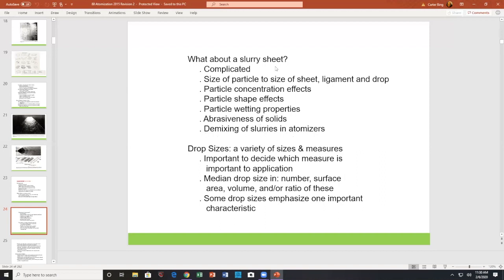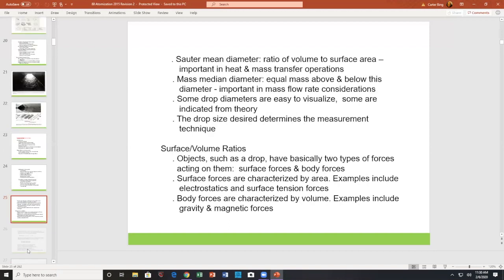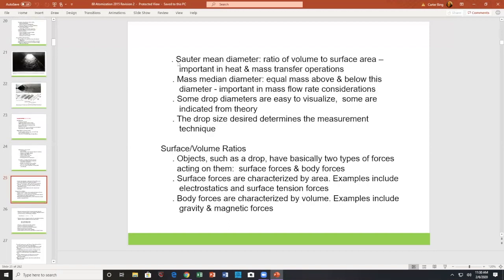So these slurry sheets where the particle size is going to be changing on you can be quite an interesting and intriguing physics problem. We're interested usually in the Sauter mean, although the mass median would be interesting. Some drop sizes are easy to visualize, some are indicated by theory.